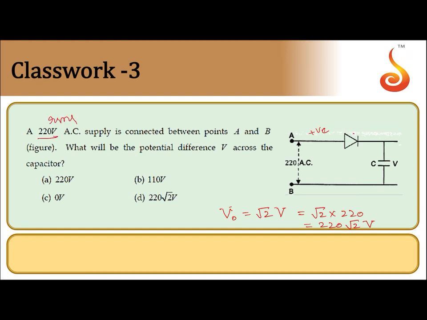So we know that Vrms is V0 by root 2. So V0 should be equal to root 2 times Vrms. So this value 220 volt is Vrms. So that should be option D.